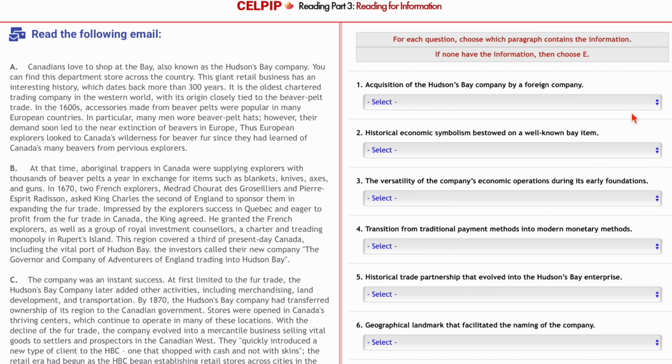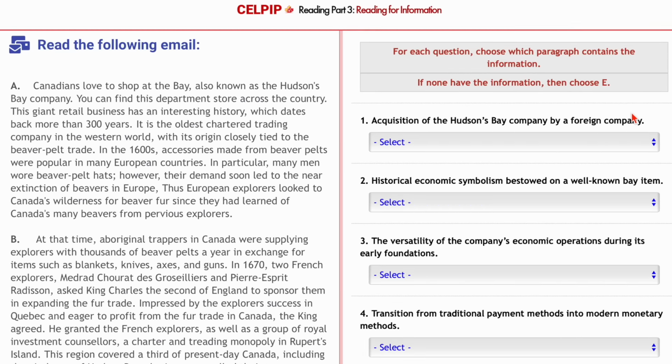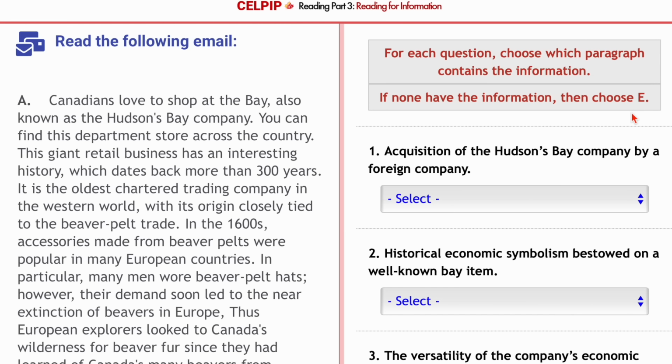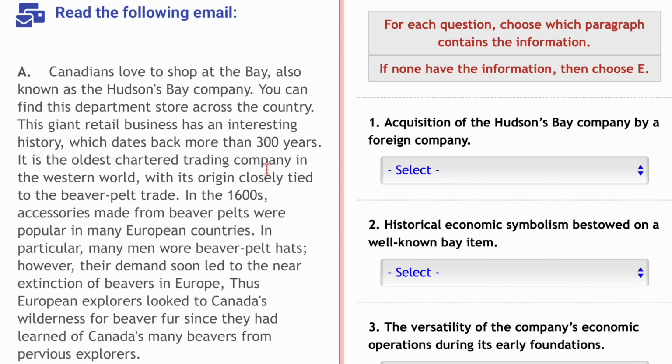Now I'm just going to zoom in here so we can see more clearly. Okay. So here we go. Canadians love to shop at the Bay, it's true, also known as the Hudson's Bay Company. You can find this department store across the country. Okay, so it's about a department store in Canada called Hudson's Bay. This giant retail business has an interesting history, which dates back more than 300 years.